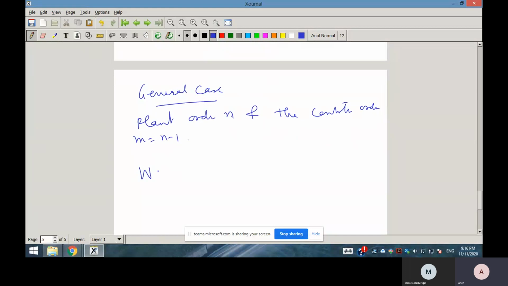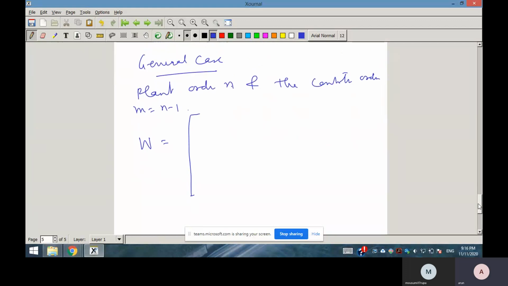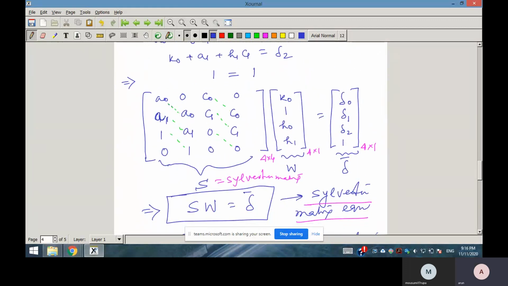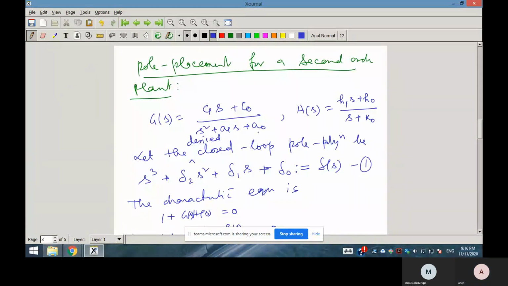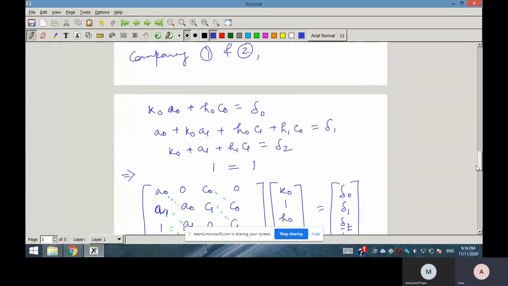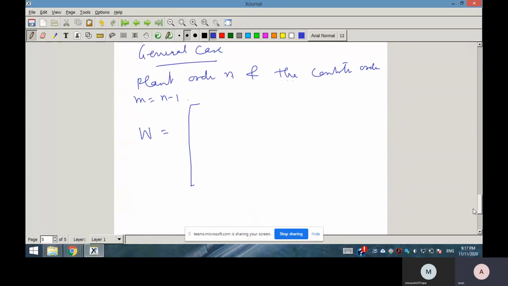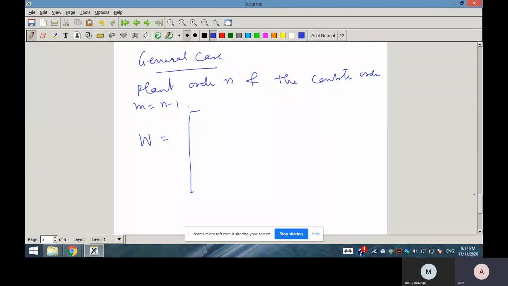So W will be like this. You can easily see what the structure will be. A0, A1, then 1. So if you have an nth order plant, the denominator polynomial is s to the power n plus a n minus 1 s to the power n minus 1, and so on.